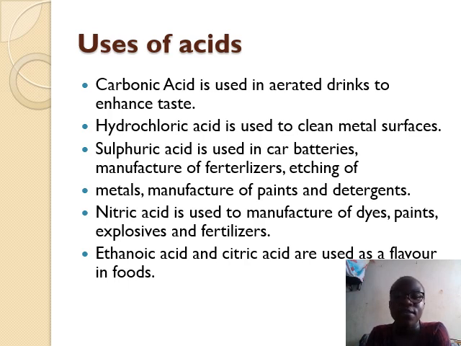Sulfuric acid is used in car batteries, manufacture of fertilizers, etching of metals, and manufacture of paints and detergents. Nitric acid is used in the manufacture of dyes, paints, explosives, and fertilizers. Ethanoic acid and citric acid are used as flavor in foods.